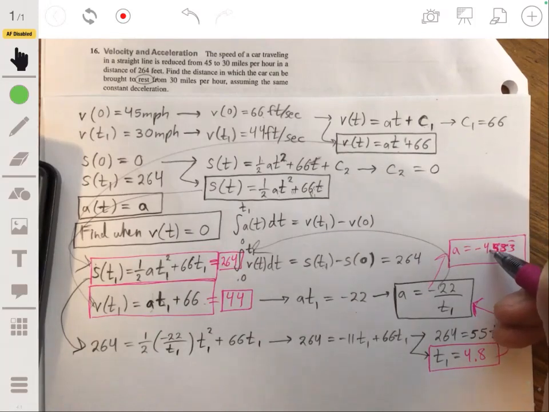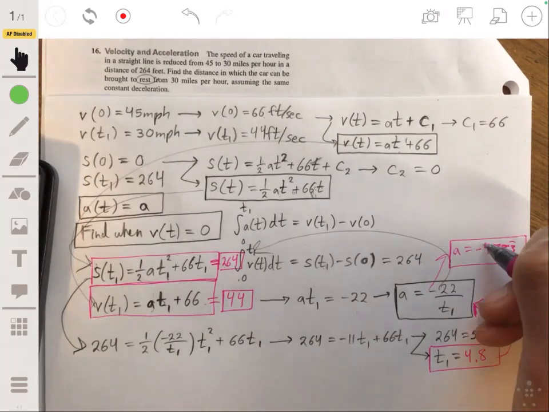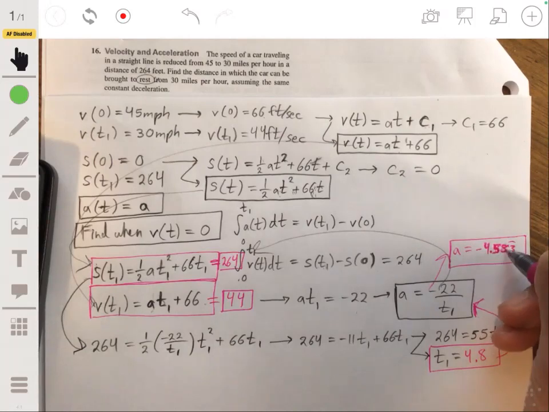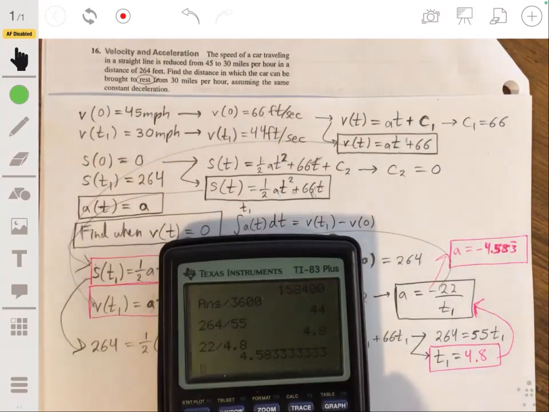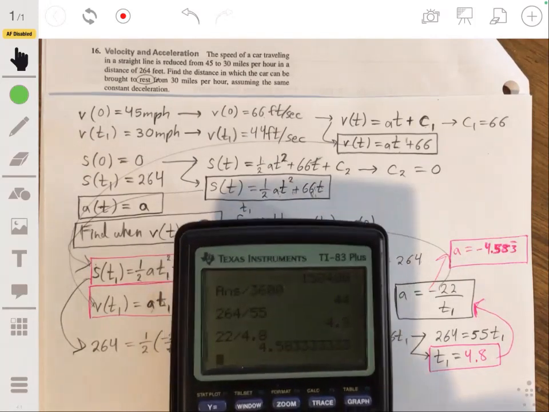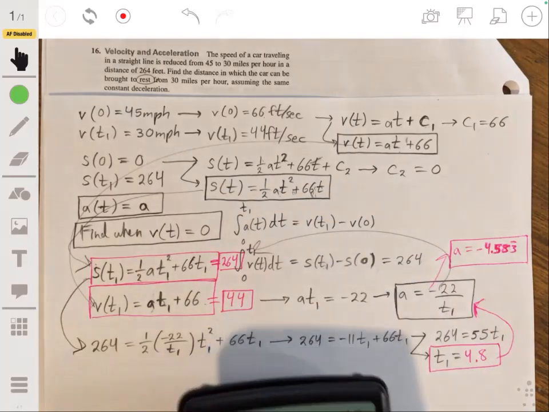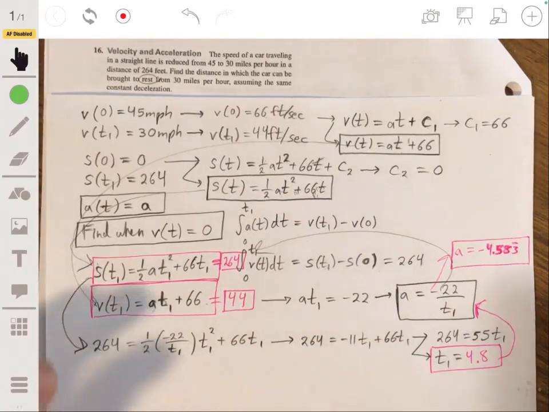Let me make that clear: negative 4.583 repeating. Here's my calculator. Okay, so now let's write our velocity and position equations with a filled in.